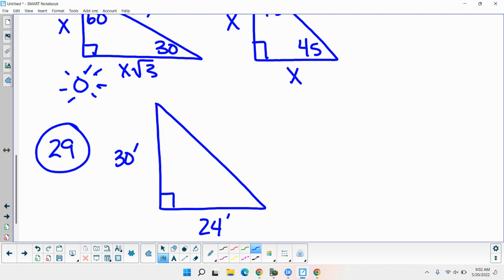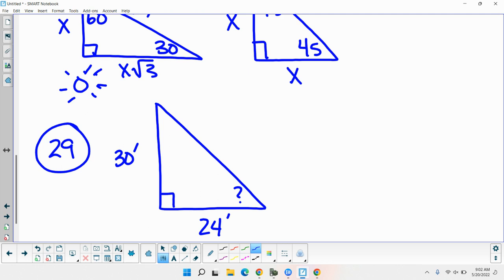We are looking for that angle. To the nearest degree, what is the angle of elevation to the sun from the end of the shadow? So here's the end of the shadow up to the sun. What's this angle?